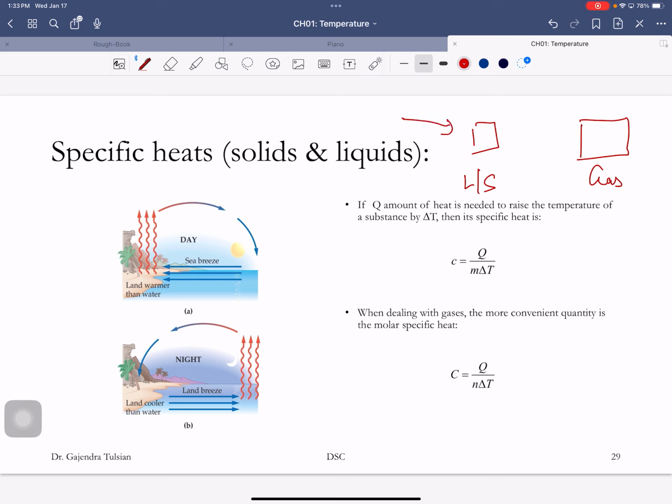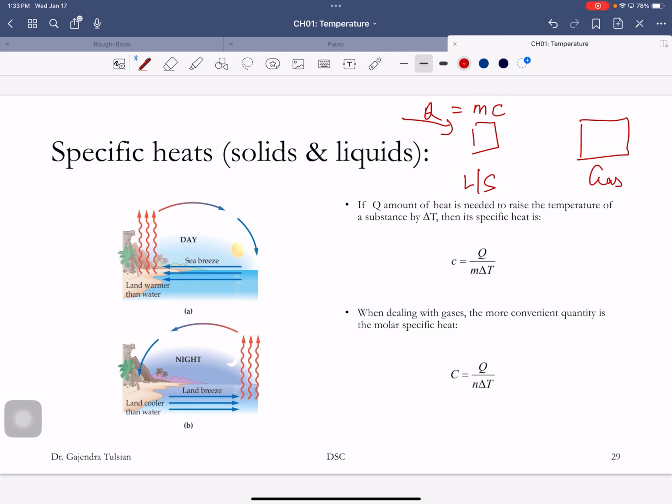Okay, so if you add heat to a substance, what happens? Its temperature increases. Okay. So how much does its temperature increase? So if you have a solid or a liquid, to measure the amount of stuff, it's easiest to measure the mass of the stuff for solids and liquids. Okay.